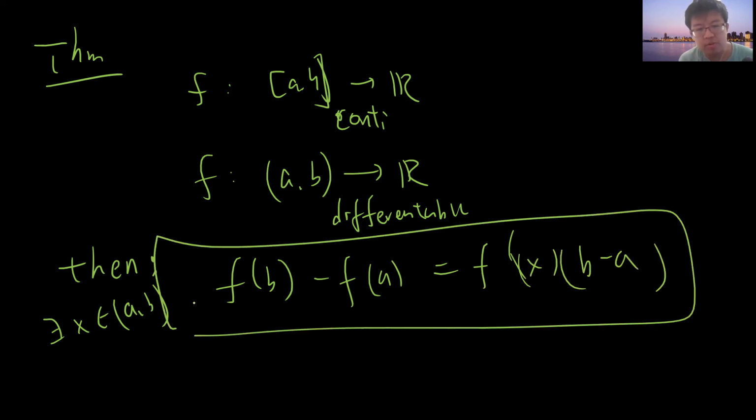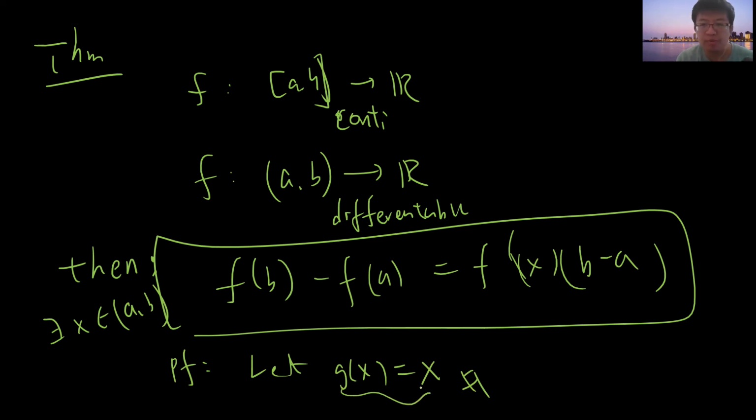This is the usual theorem for the mean value theorem, and the previous one is a generalization. The proof is simple: just take g of x to be x and plug into the previous theorem.